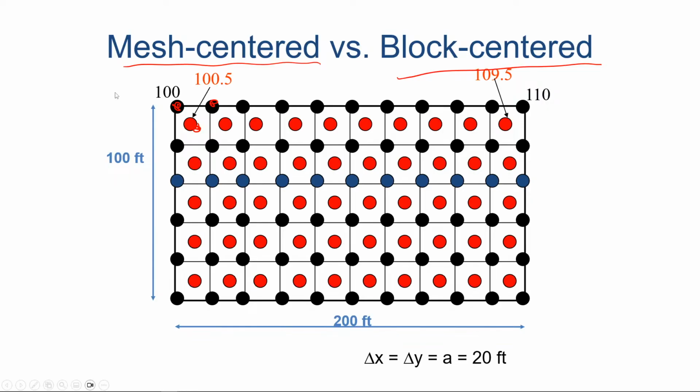So let's say, for example, this is my boundary here and my boundary here. And I know the head here is 110 and the head here is 100. What would be the head here? Maybe 109.5. What would be the head here? Whatever, like 108.5. What would be the head here? 100.5. So I could estimate the head either here or here.